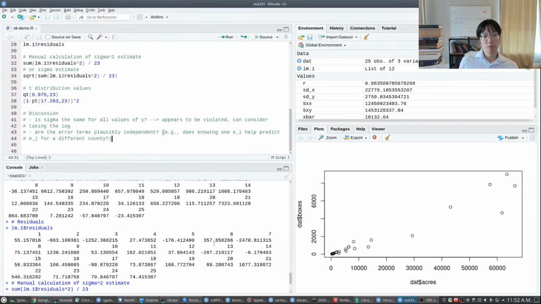There are diagnostics for checking that, but intuitively in this case, you might think, okay, if two counties are close together, then maybe there might be some common factors at play for geographically close counties. Those are the kind of practical questions that we'd be asking when we talk about this assumption for the error terms being independent.